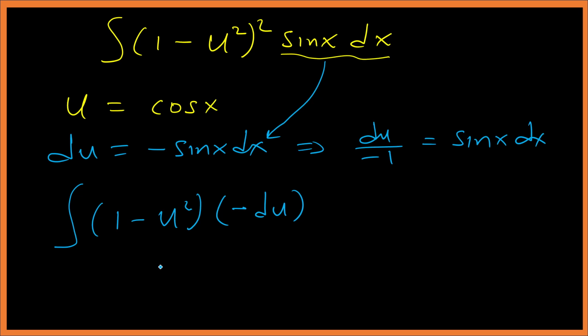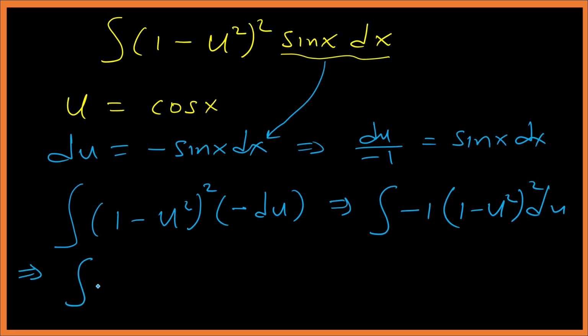Now let's take it from here. We can take the negative out here. Integral of negative 1 minus u squared du. Remember we have squared here, don't forget. So let's expand the bracket.